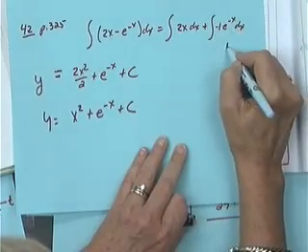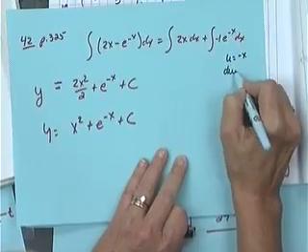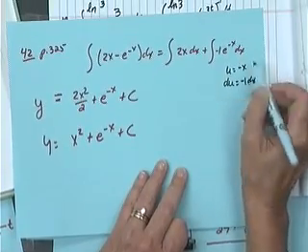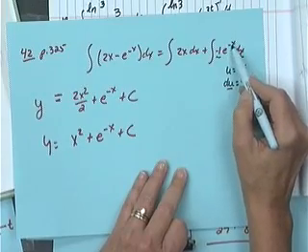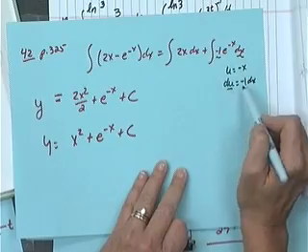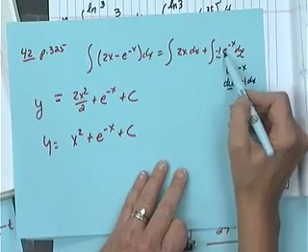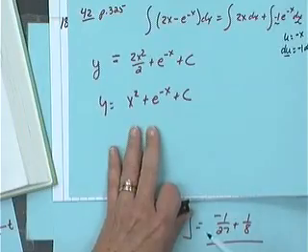The u is minus x, du is minus 1 dx. So that minus 1 dx is all my du, so it's an e to the u du. The negative 1 dx is my entire du. So it's an e to the minus x plus c. Cleans up to right here.